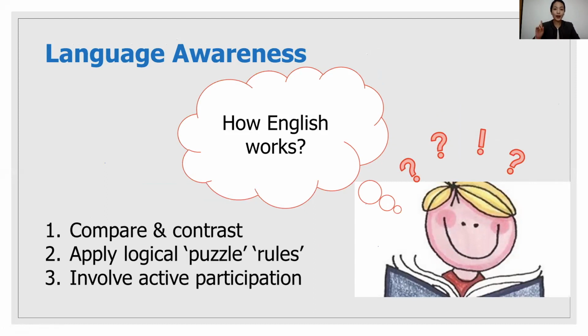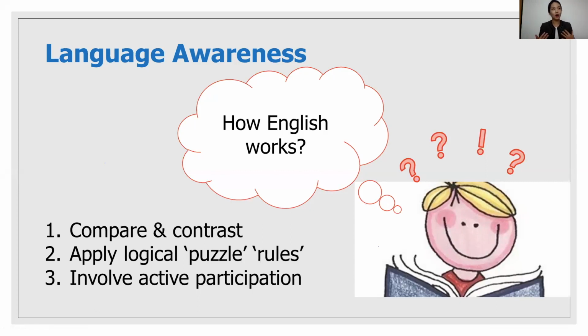One explicit way of learning grammar is comparing and contrasting with their own language. They will start learning grammar by comparing and contrasting Chinese and English. Also, they might easily understand and try to apply grammatical rules like a logical puzzle.